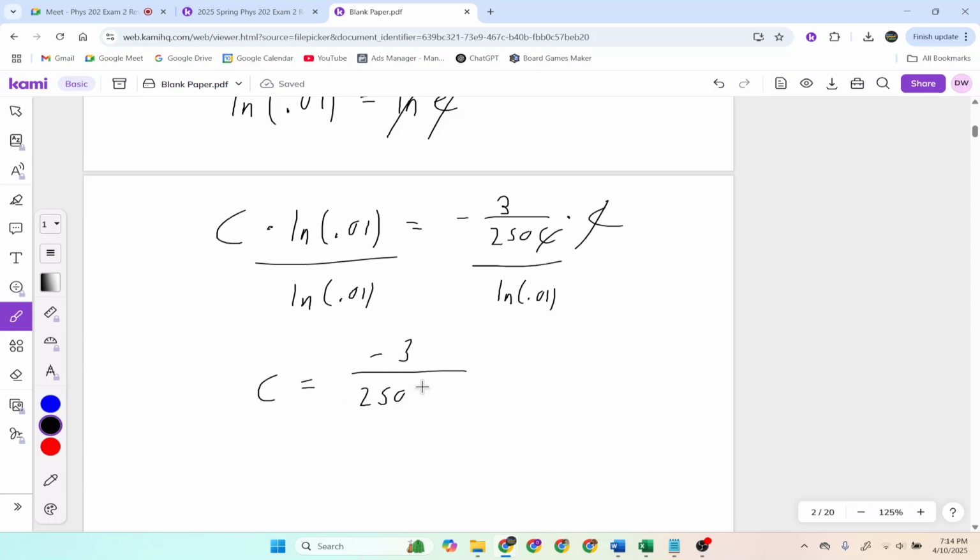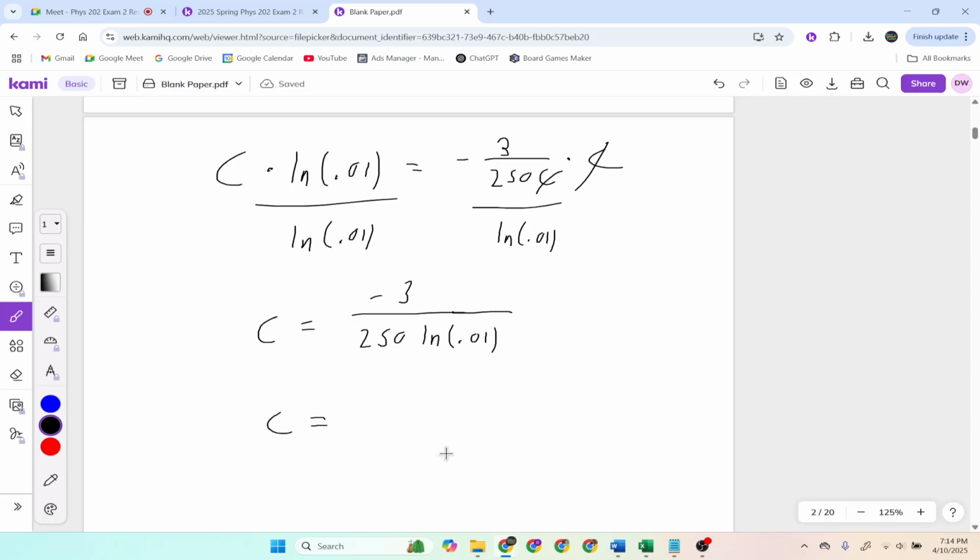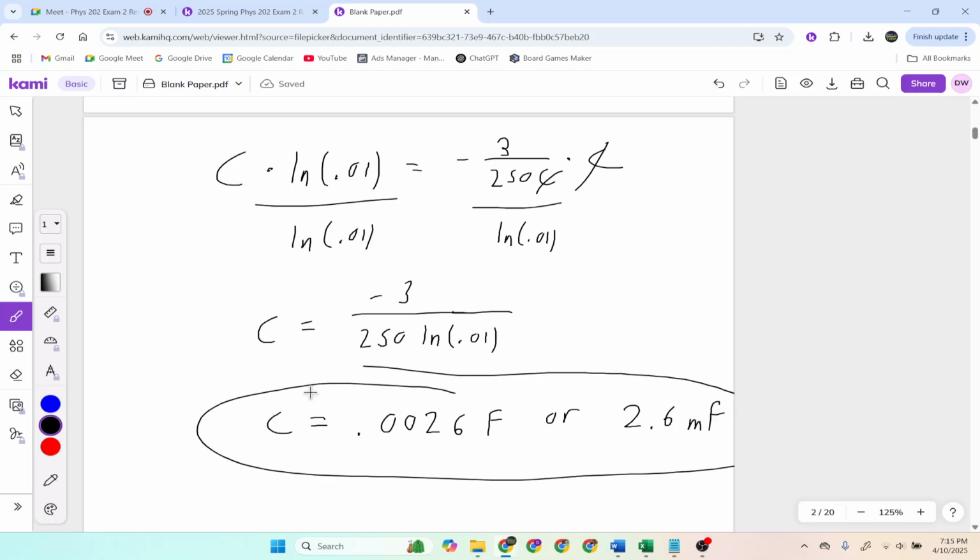You'll notice the ln 0.01 and the 250 share the denominator. And we'll get a final answer of 0.0026, units are F, farads. If they ask for millifarads, times 1,000, 2.6 millifarads. And there we go. Any questions on that one?